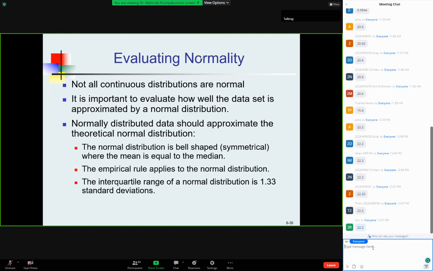Okay, then we will move to another concept. Here I am going to explain how to evaluate whether the data or variable is normally distributed or not.